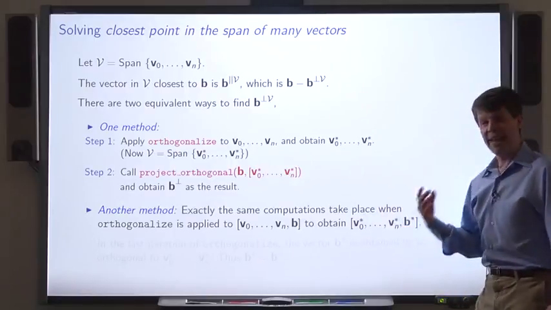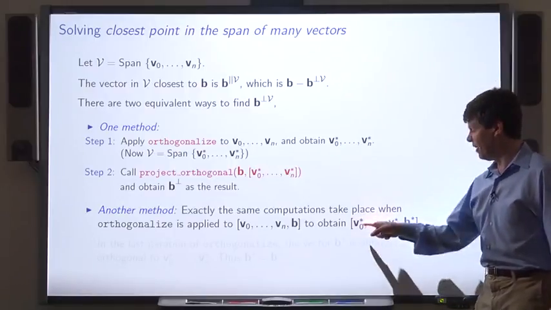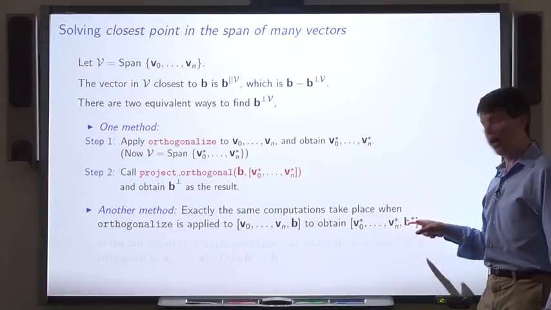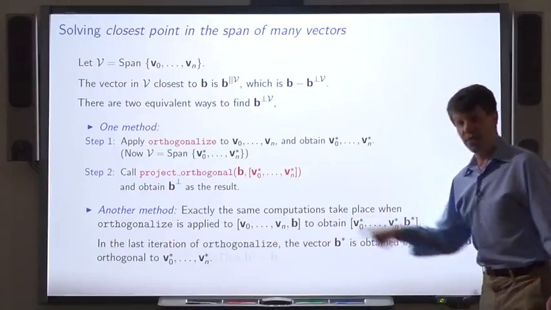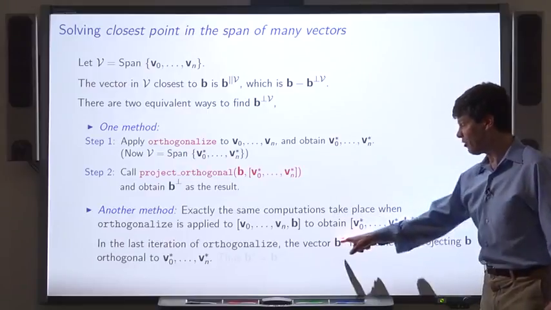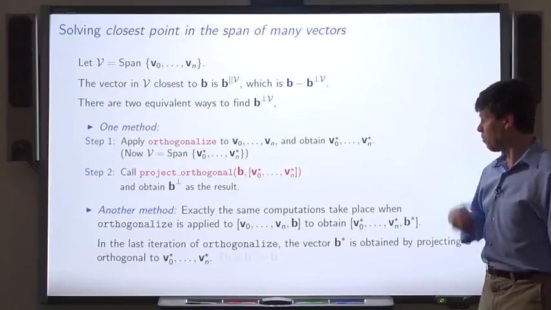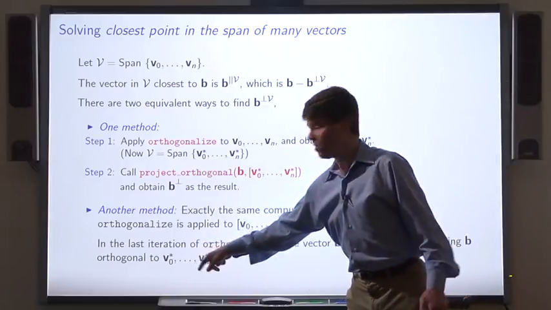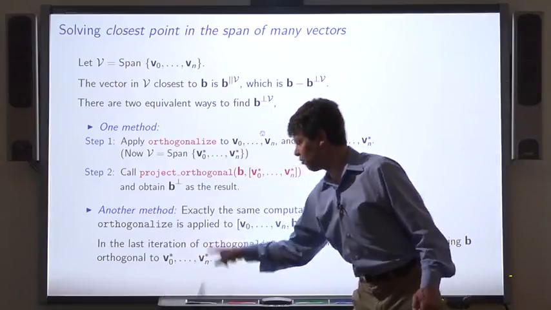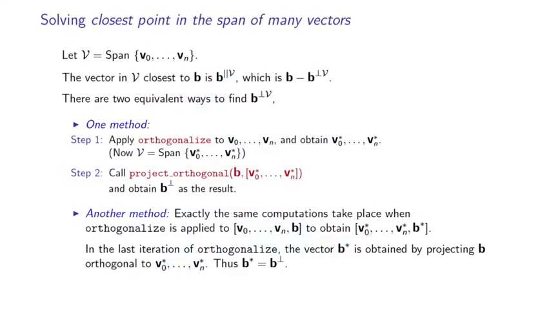We get as an output the list consisting of V0 star through Vn star and a final vector I'll call B star. In the last iteration of orthogonalize, the vector B star is obtained by projecting the input vector B orthogonal to the previous starred vectors V0 star through Vn star. So that also gives you B perpendicular.